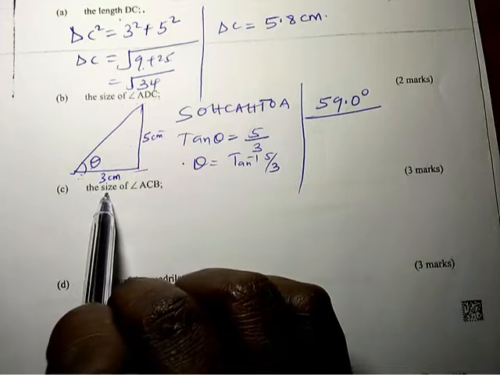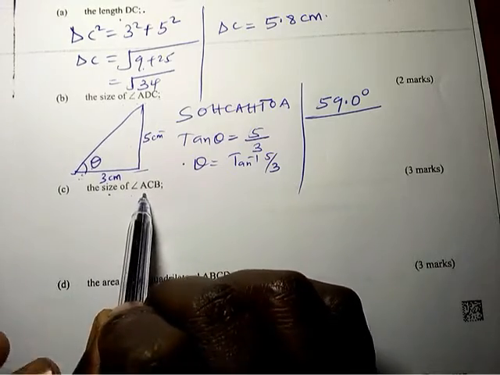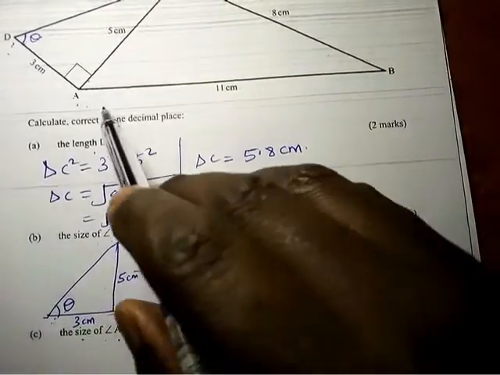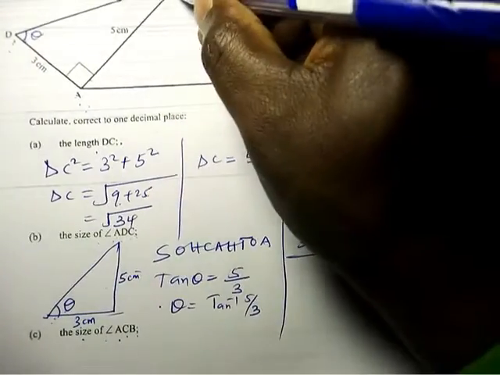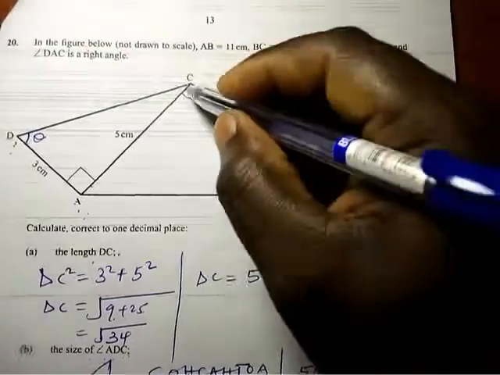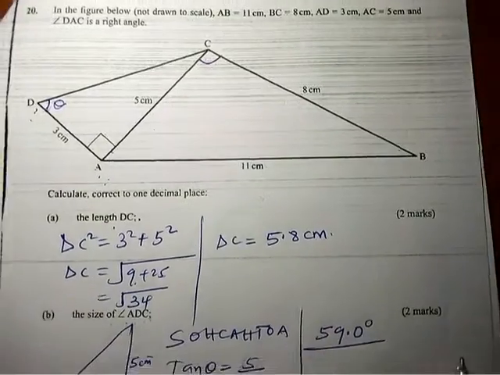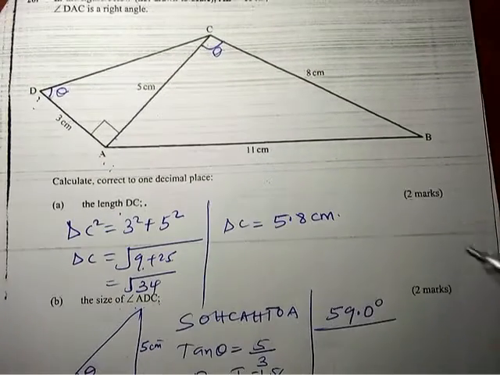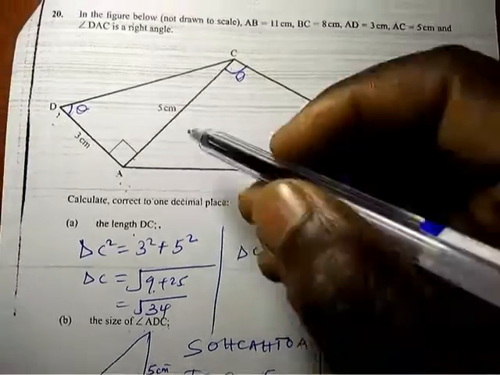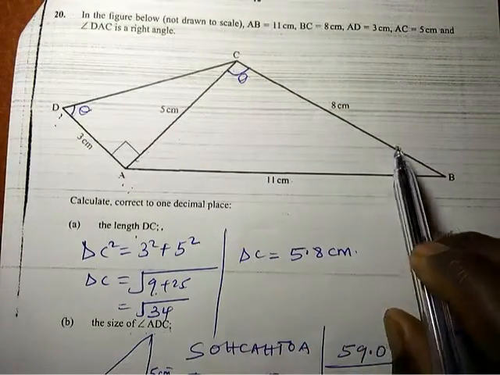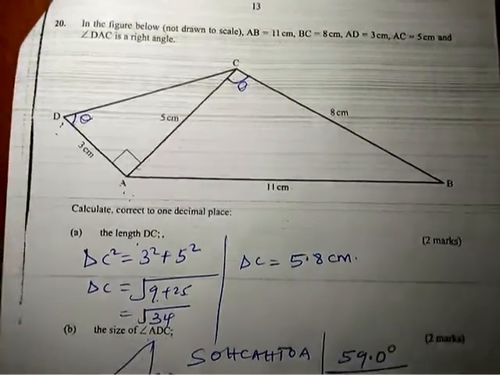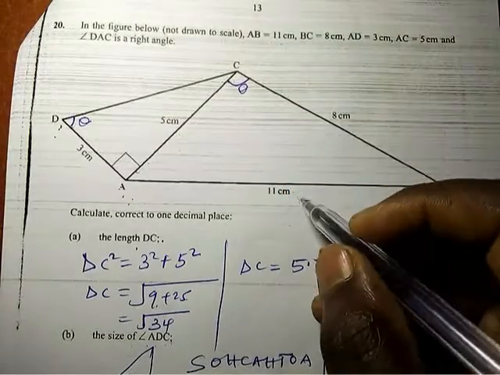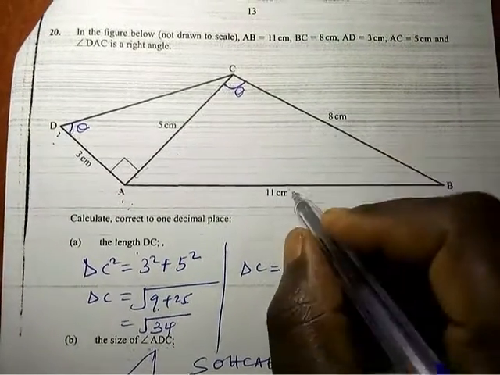Calculate the size of angle ACB. We want now to calculate this angle. We have this length, this length, and this length, so we can use the cosine rule.